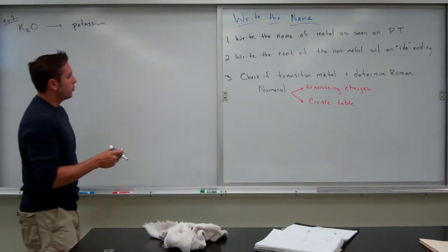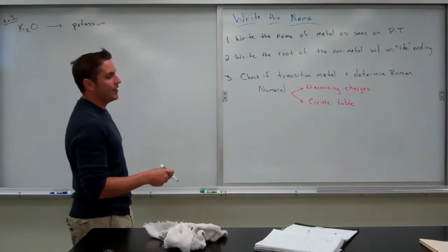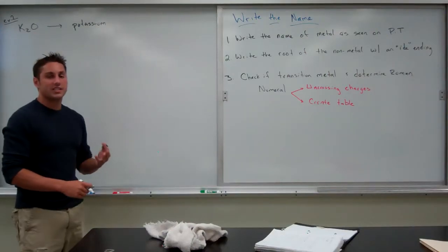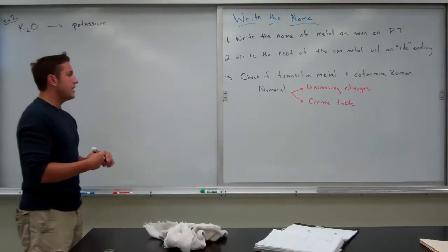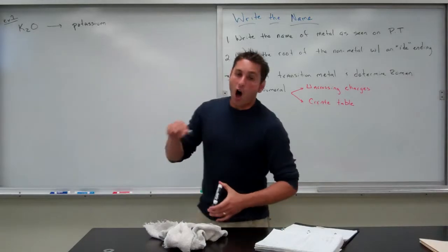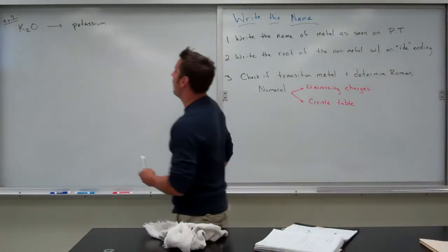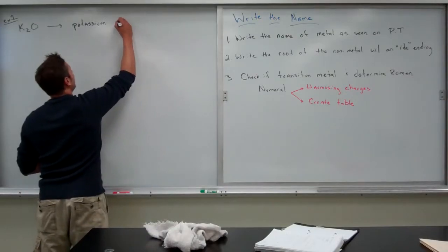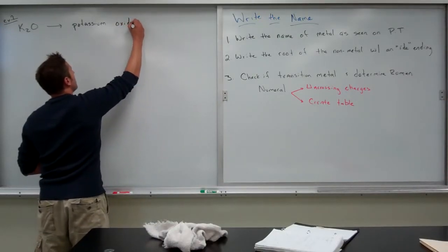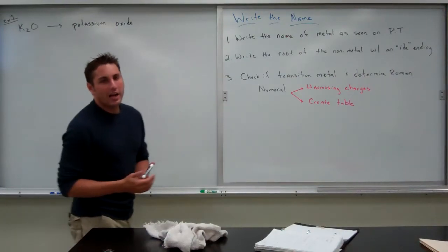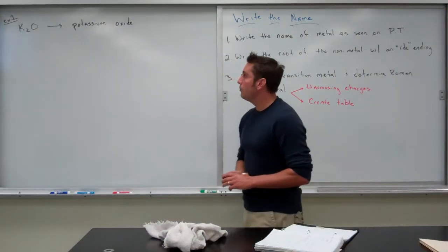Step 2, write the root of the nonmetal with an IDE ending. So the nonmetal off the table is oxygen. If we take the root of that, ox, with an IDE ending, that is where oxide comes from. How do we know where to cut it off? Usually it's after the first syllable.